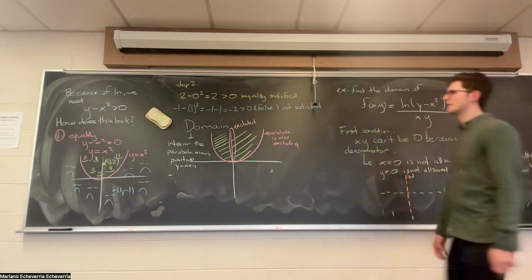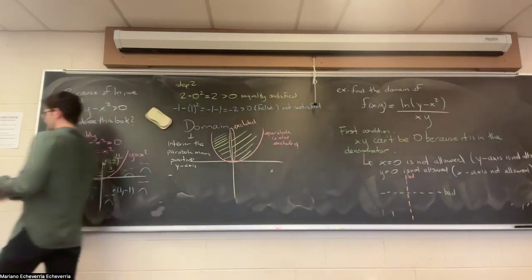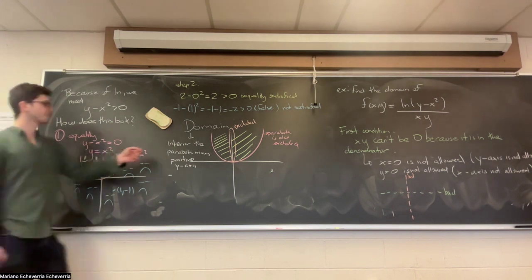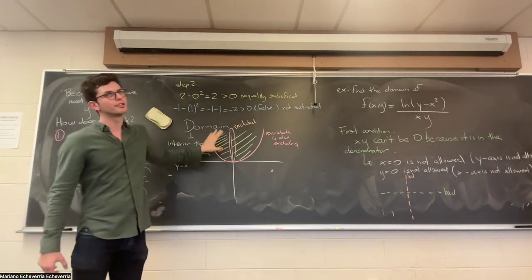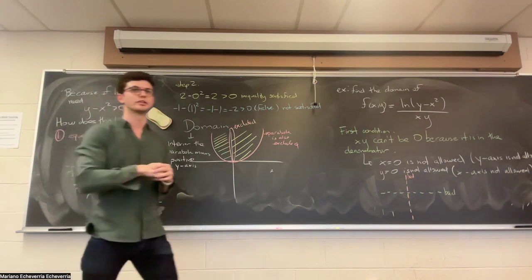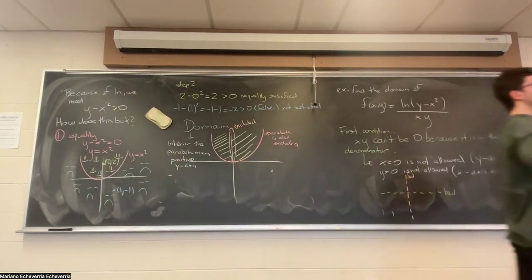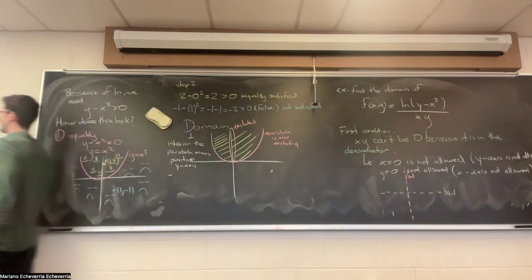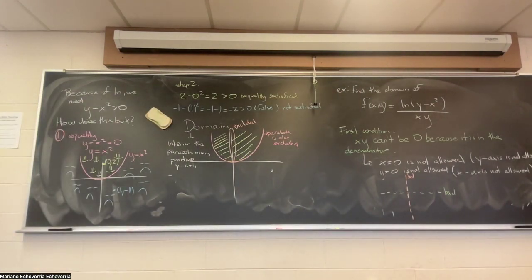In general, that is basically the idea of how the domain questions work. You do have to analyze each piece of the formula and ask where the formula makes sense, and that's how you start eliminating regions from the XY plane. So only if you choose values in the regions that are colored yellow can you evaluate the function. The graph lives on top of these two half parabolas, however you want to call it.